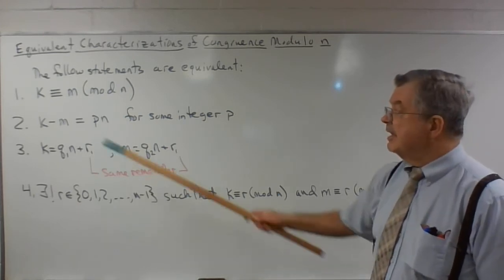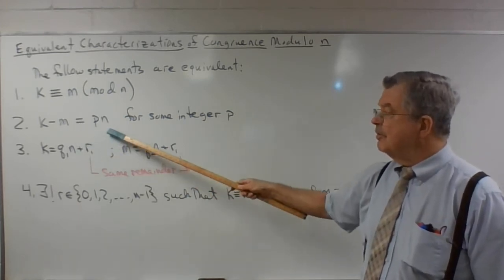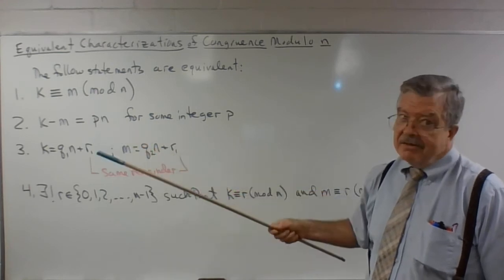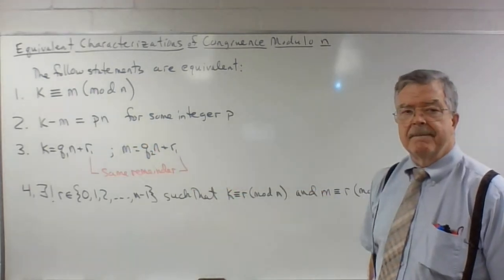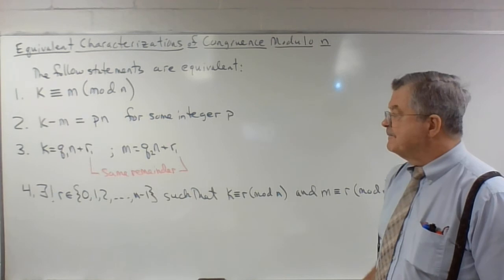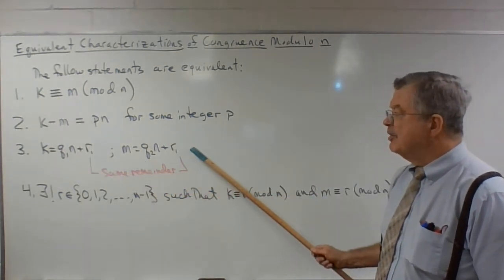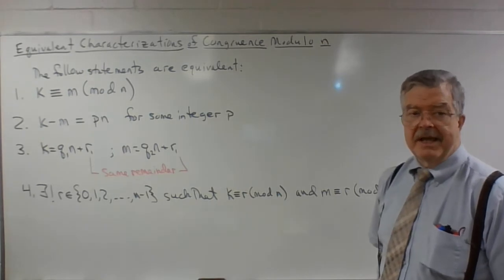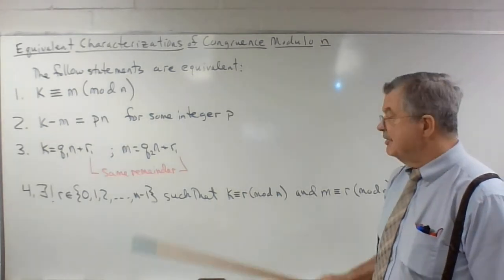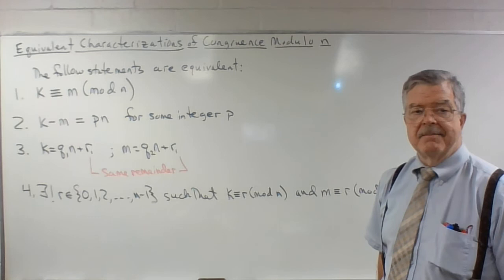Is their difference a whole number multiple of n? Then they're congruent modulo n. Do k and m both have the same remainder when we divide by n? If they do, then they're congruent modulo n.